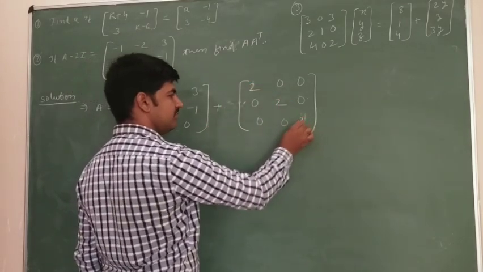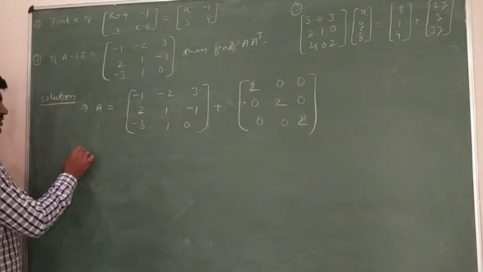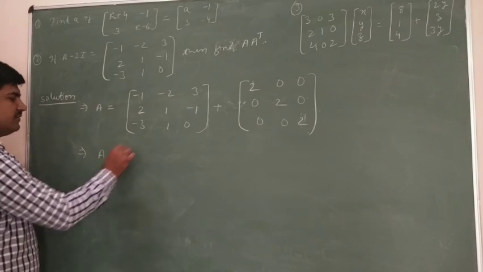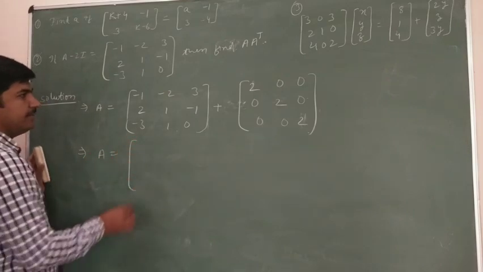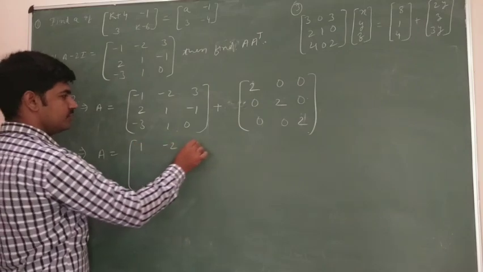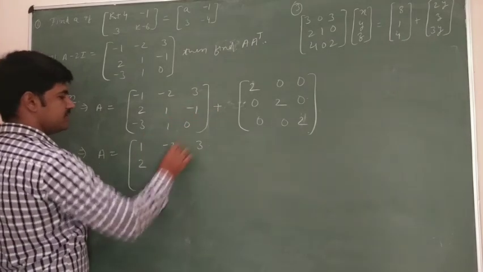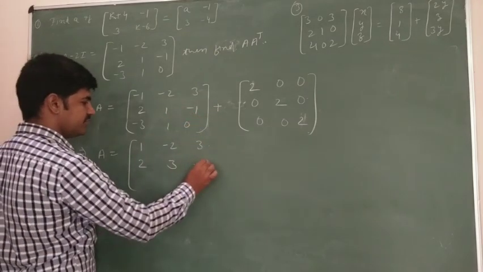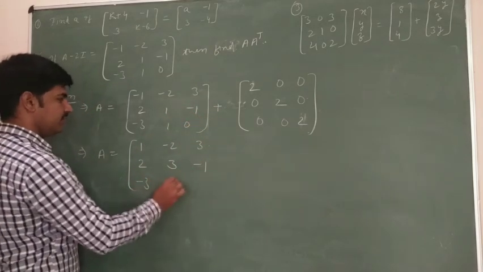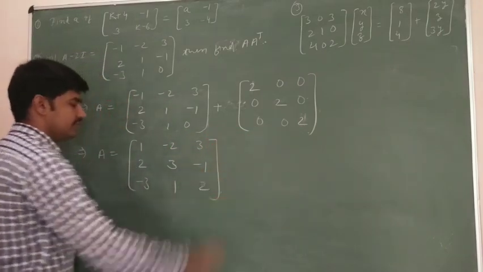So 0 multiplied by 2 is 0, and 1 multiplied by 2 is 2. Using this, A is equal to: minus 1 plus 2 is 1, minus 2, 3; then 2, 1 plus 2 is 3, minus 1; minus 3, 1, and 0 plus 2 is 2.